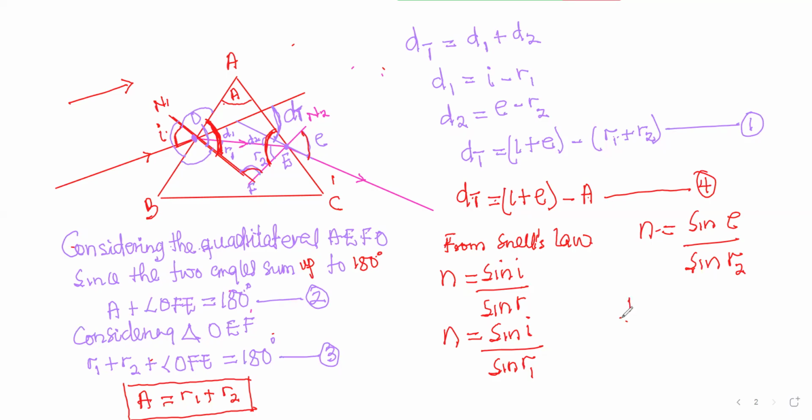It should be 1 over n is equal to sine of R2 over sine of E. And when you make n the subject, you still have sine E over sine R2. So you can also look at it from glass to air, but it will be the inverse. Anita, are you fine? Yes, please.